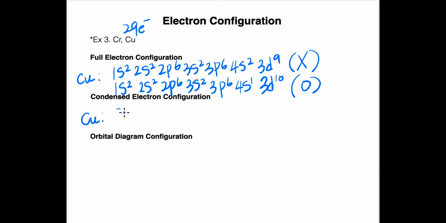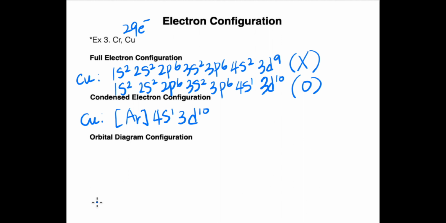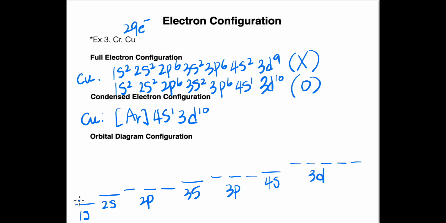Next, condensed electron configuration. The full electron configuration of copper up to 3p6 is the electron configuration of argon, so we can condense the electron configuration of copper as argon 4s1, 3d10. For the orbital diagram of copper, we're going to again fill in each orbital with its electrons of opposite spin.